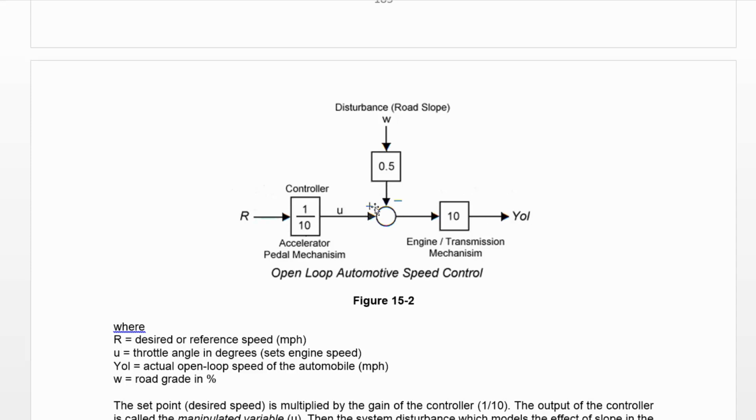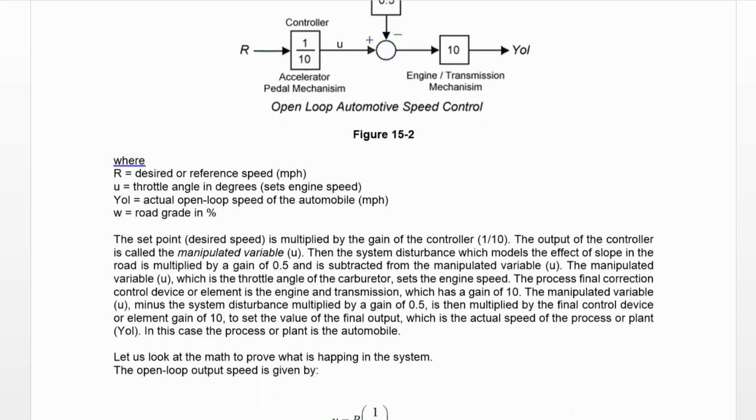With no disturbance coming in, say 0 times 0.5 is 0, then we have a set point of 55 coming in. We have 55 times 1/10 times 10, which would be 10 over 10 is 1, and our output would be 55 miles an hour with no disturbance. But as the disturbance comes in, as we get more slope, our speed slows down. So let's look at the mathematics behind this.